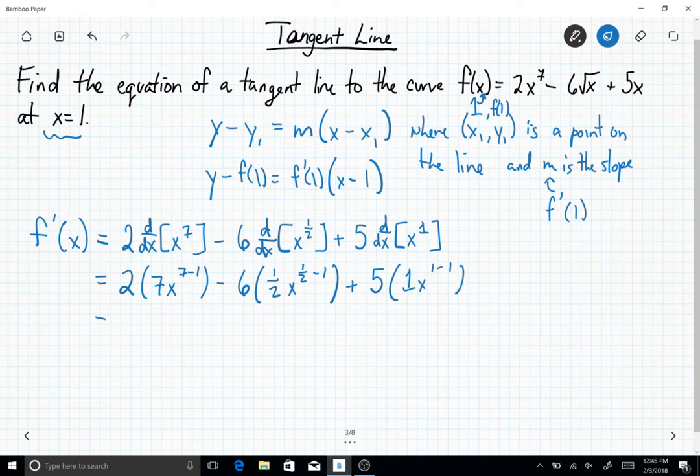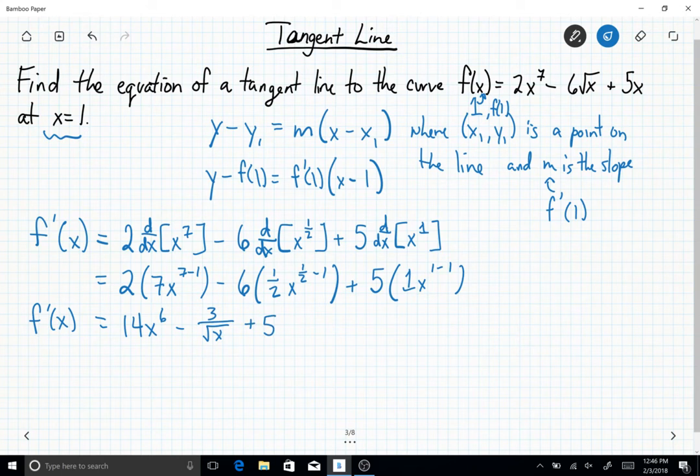Well, notice, what does all this equal? We get f prime of x equals 14x to the 6th minus, this becomes x to the negative 1/2, so you get 3 on top and the square root of x down below. And then this becomes x to the 0, and x to the 0 is just 1, so this is plus 5.